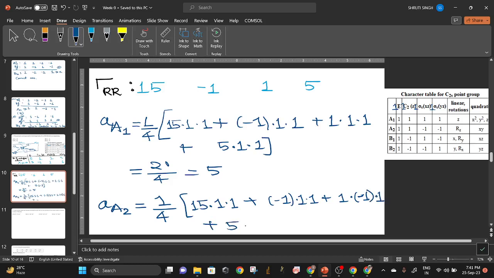Then 5, 1, minus 1. So this will be 15 minus 1 minus 1, and this is minus 5. So this will be 8 by 4, which is 2.